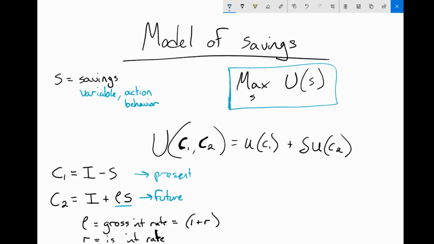We have just this very simple framework that tries to capture the fundamental features of savings behavior.